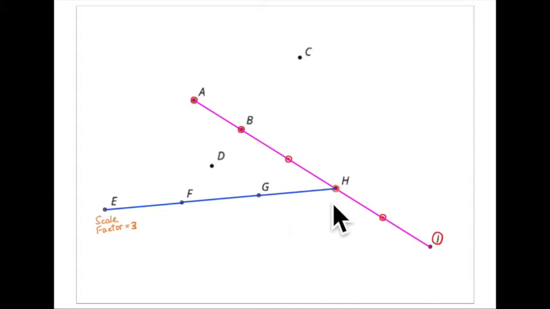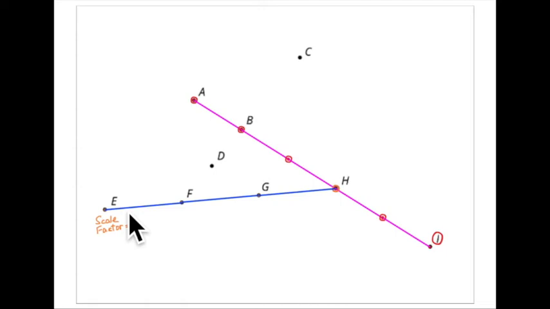Using H again as the center of dilation, dilate E so that its image is G. So it goes to here. What scale factor did you use? So to go from E to G with H as the center of dilation, now you're going to multiply by a scale factor that's less than 1 because you're going to reduce the distance.